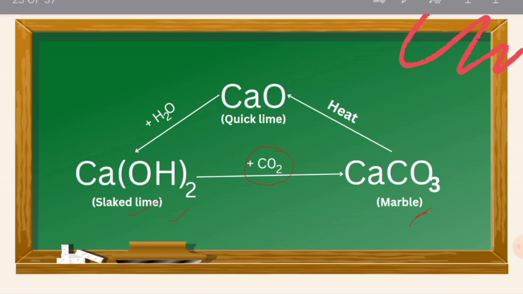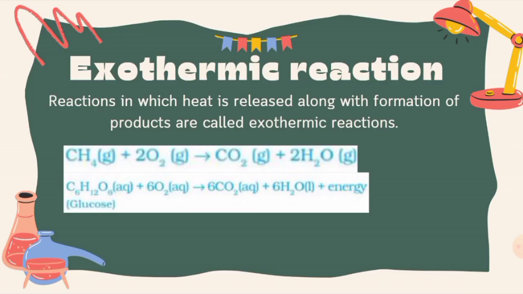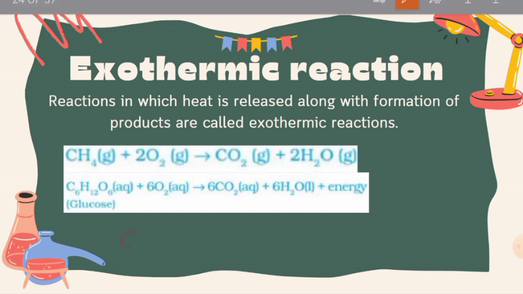Let's move on to something called exothermic reaction. In the first slide of combination reaction, we saw an example: calcium oxide plus water gives rise to calcium hydroxide plus heat. I told you to remember this heat, right?